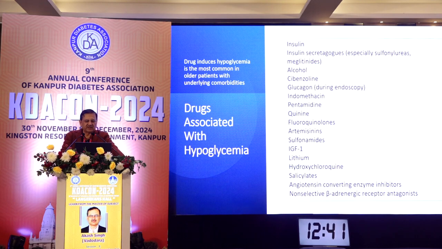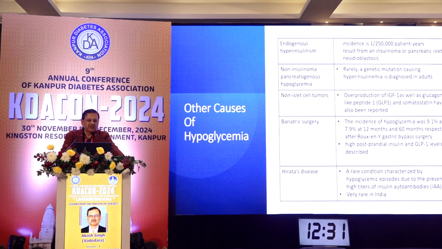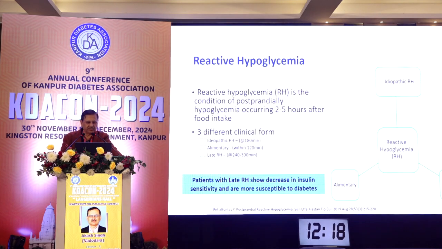Now there are several drugs, mainly insulin, secretagogues, alcohol, quinolones, quinine, quinidine, all of these are important, and hydroxychloroquine, which can cause hypoglycemia. Then there are some other causes of hypoglycemia because of increased insulin sensitivity, insulinomas, non-islet cell tumors, and some mimics of insulin like IGF-2, all of which can also cause hypoglycemia.